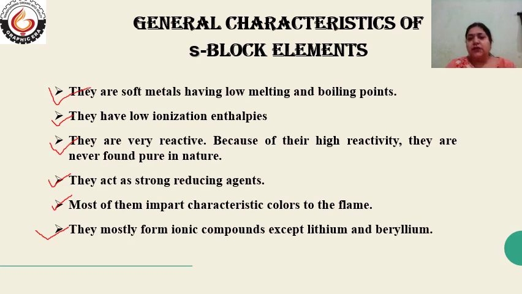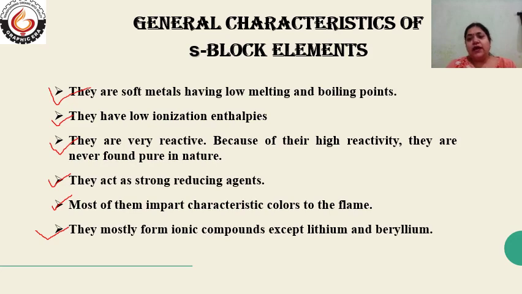In the case of lithium and beryllium, as the size of lithium and beryllium is very small, the nucleus is very close to the outer electron, and that's why ionization is slightly difficult as compared to the others. In the case of sodium, sodium is larger in size as compared to lithium and beryllium.